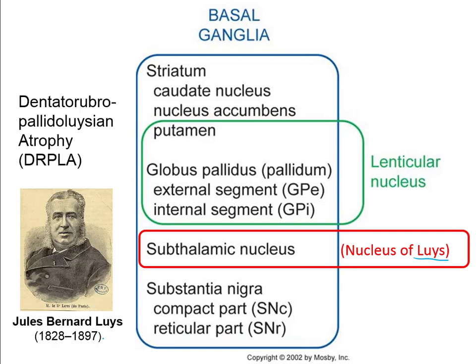Who named it? I already mentioned one of the trinucleotide repeat diseases when we were talking about cerebellar disease: dentato, dentate, rubro, red nucleus, pallido, globus pallidum, Luysian, subthalamic atrophy.